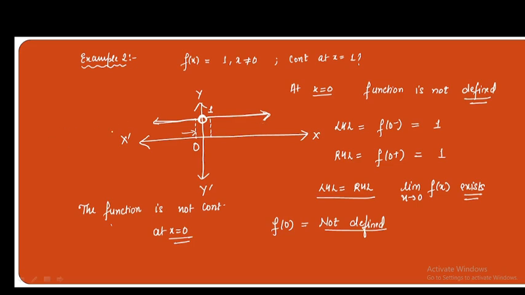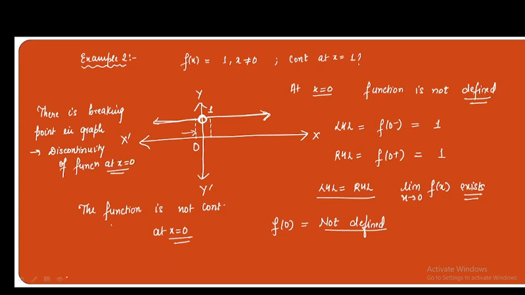So from the graph also, we can say that there is a breaking point in graph due to which we have discontinuity of function at x equal to 0.